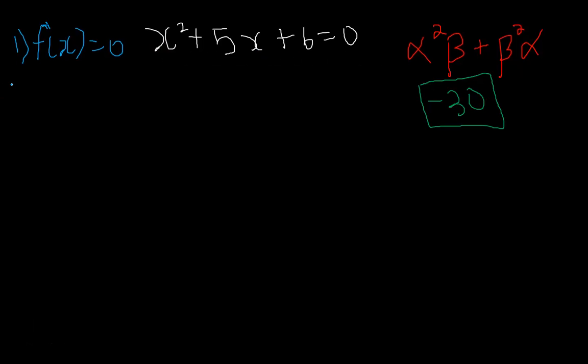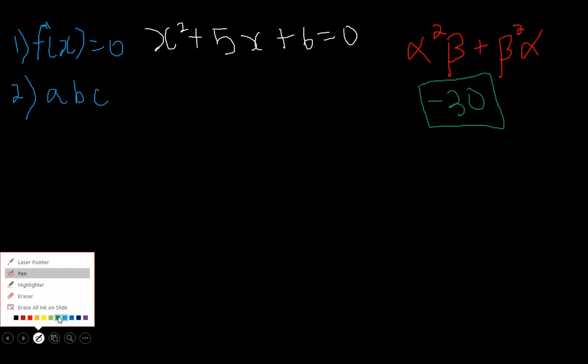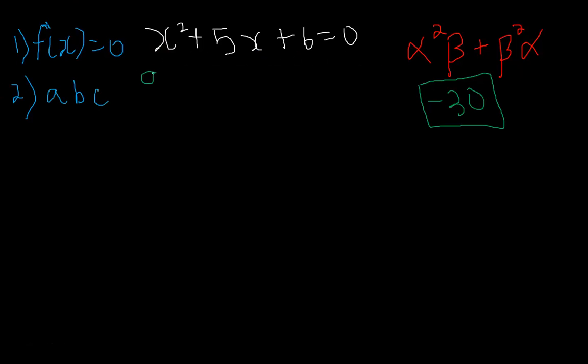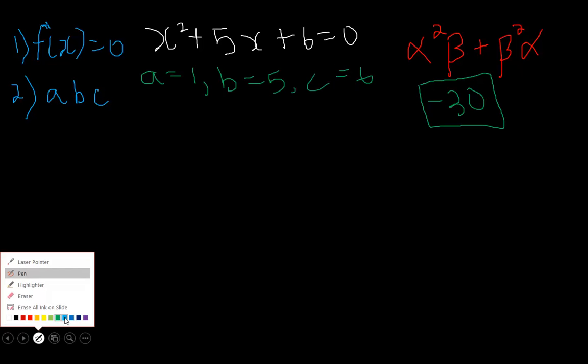Step number 2. Anybody could tell me what step 2 is? Identify the constants A, B, and C. And what are A, B, and C in this case? A is 1, B is 5, and C is 6. What's the third step?